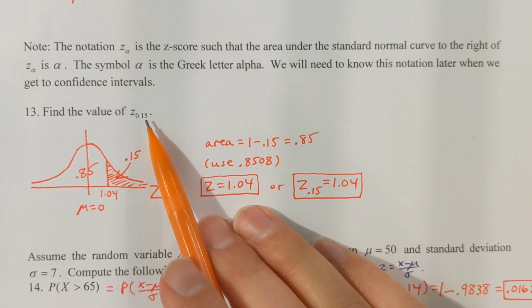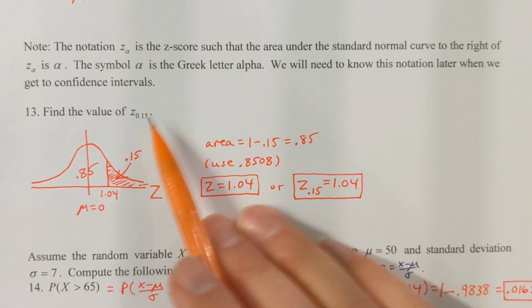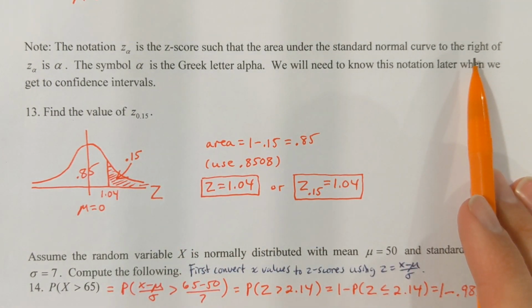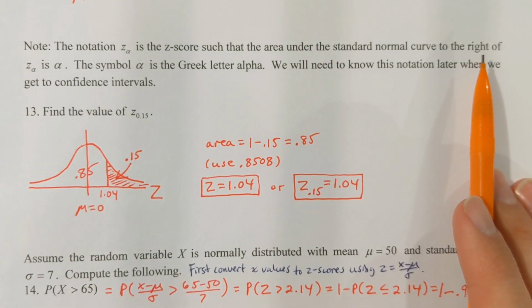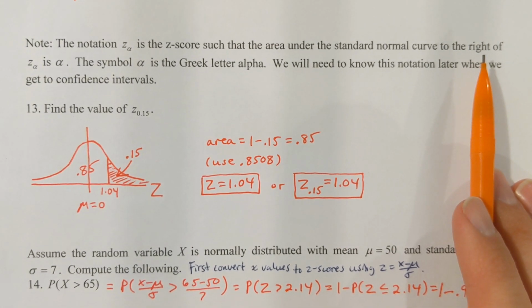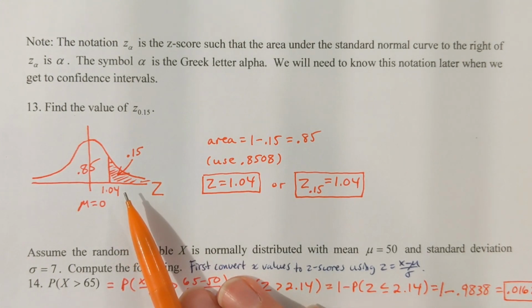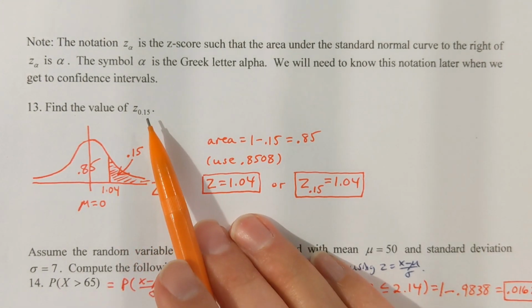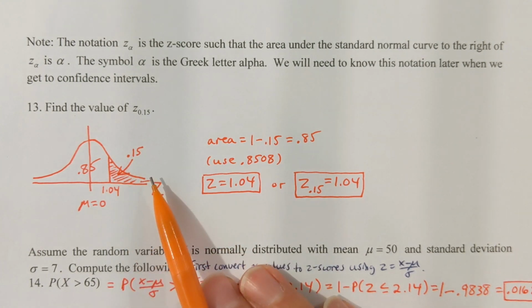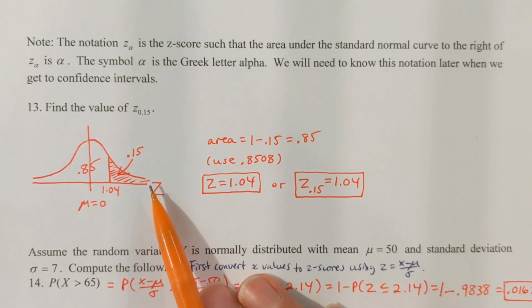Alpha is 0.15 in this problem. Alpha always represents the area to the right of a z-score. This problem here is just like the other two problems that I've been showing you. We're wanting to find a z-score, and we'll be using the table in reverse to get that. 0.15 is the area to the right of this z-score that I'm supposed to look up.